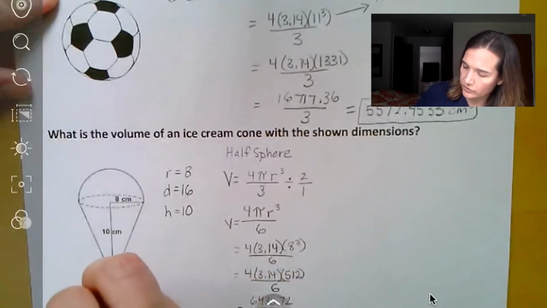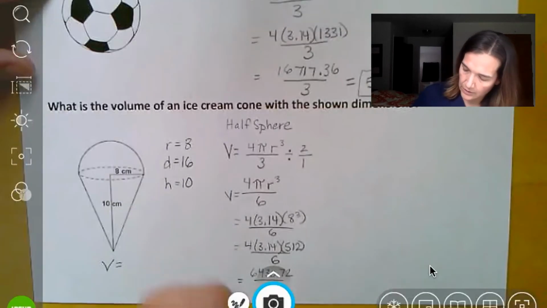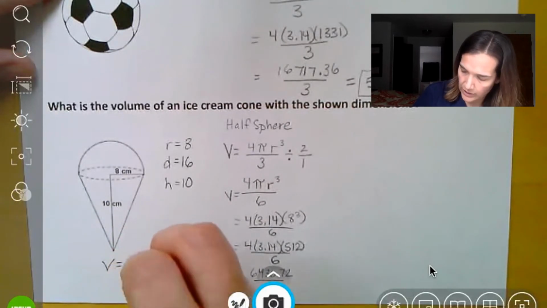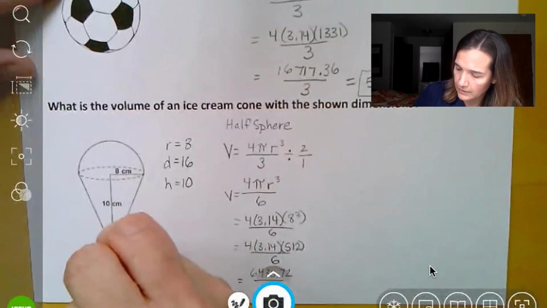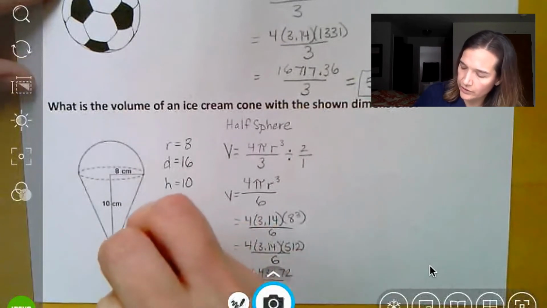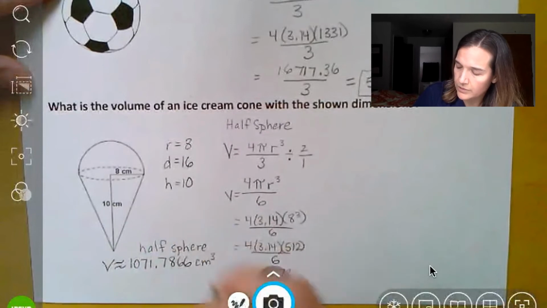And I'm going to write the answer over here. We're running out of room. So the volume for this would be 1,071.7866 approximately centimeters cubed. And that's just for the half sphere. At least we have that.